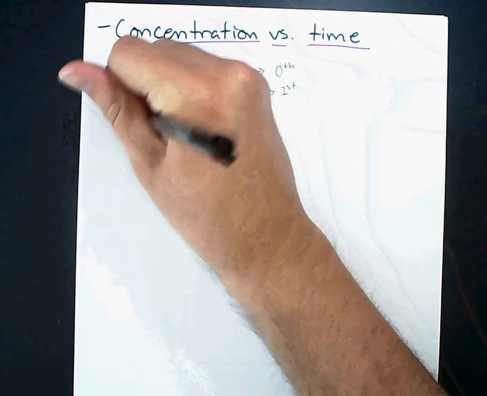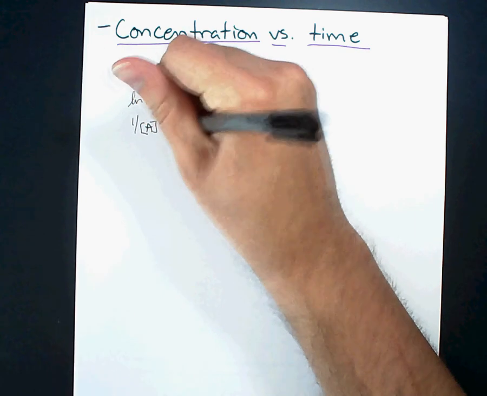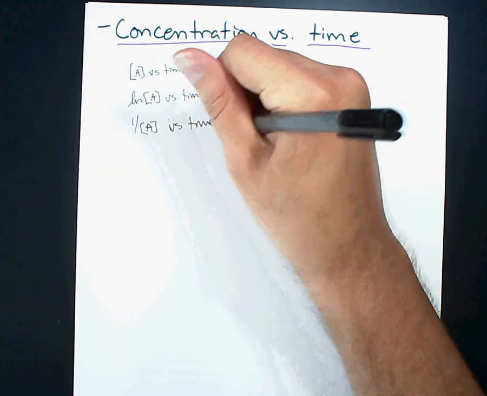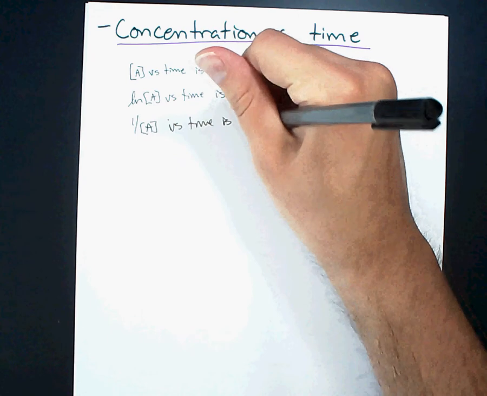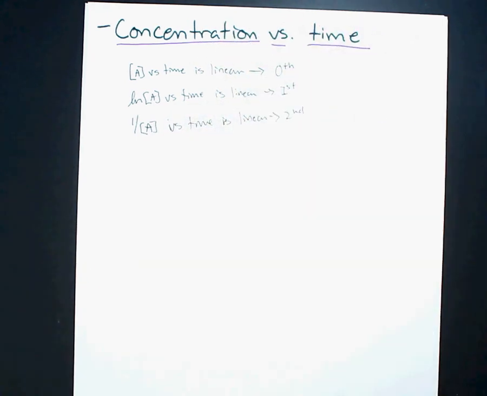And then lastly, if it's the 1 over concentration versus time graph that is linear, then it's second order. So that's how we do that.